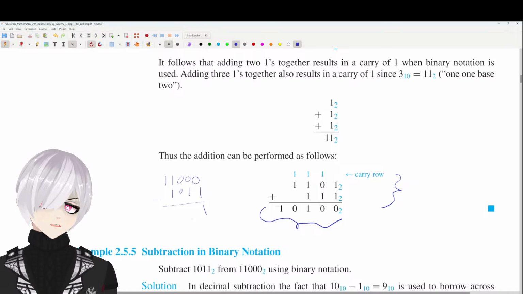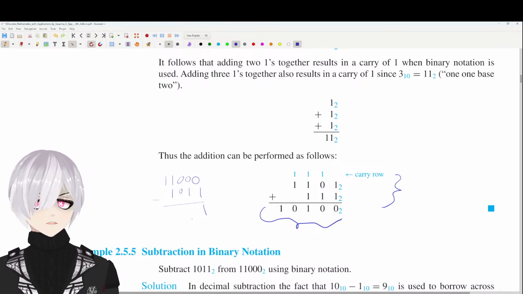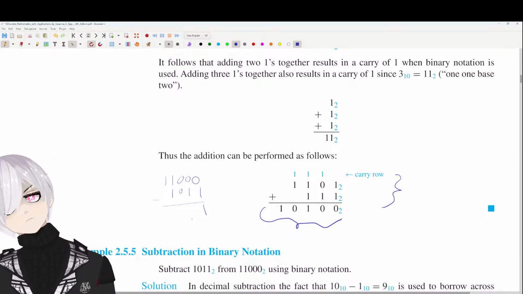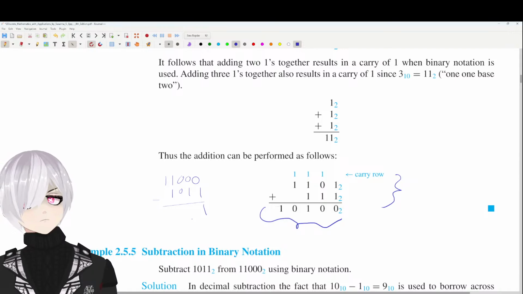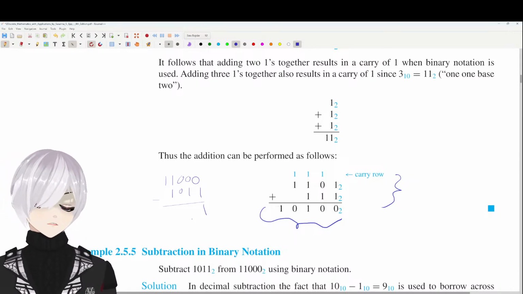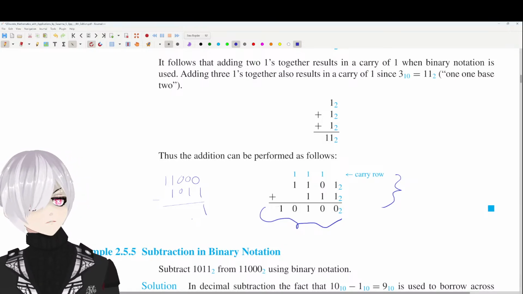It's so much more expensive of an operation because each time you borrow, you have to trail all the way up the digit tree. Since my zero here is being subtracted from, I have to subtract from the one to the left of that, and I have to keep subtracting to the left until I don't have to borrow anymore.